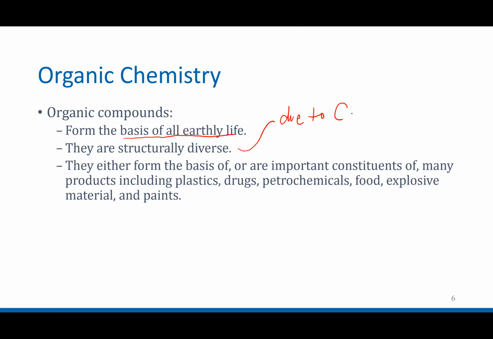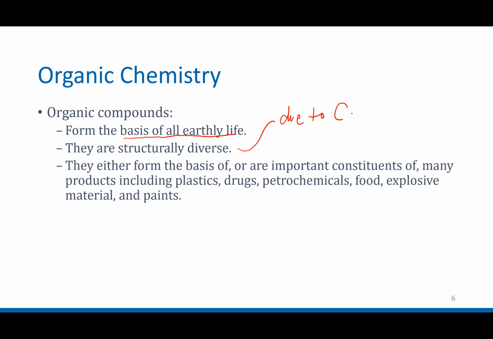It has 4 valence electrons, meaning it can form 4 bonds, which means there are lots of different combinations: alkanes, alkenes, alkynes, so single, double, and triple bonds. There are rings, aromatic rings. It's the best building block you could imagine in terms of a chemical element.